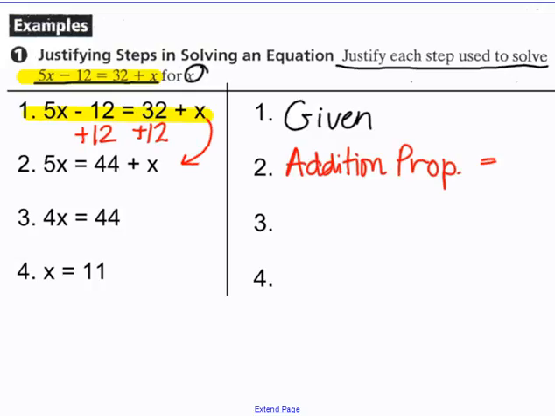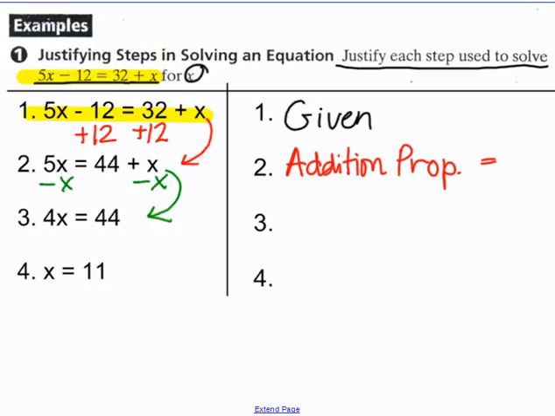Okay, so now we're on to our next step. If we look at between steps 2 and 3, what happened in here? Well, as I look at the left-hand side of the equation, I notice that 5x got smaller to 4x, and 44 is over on the right-hand side without an x, so they must have subtracted x.